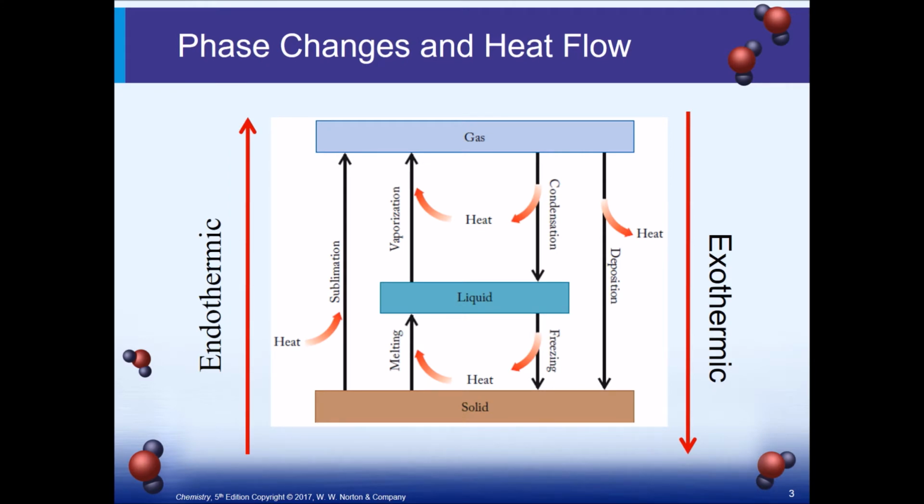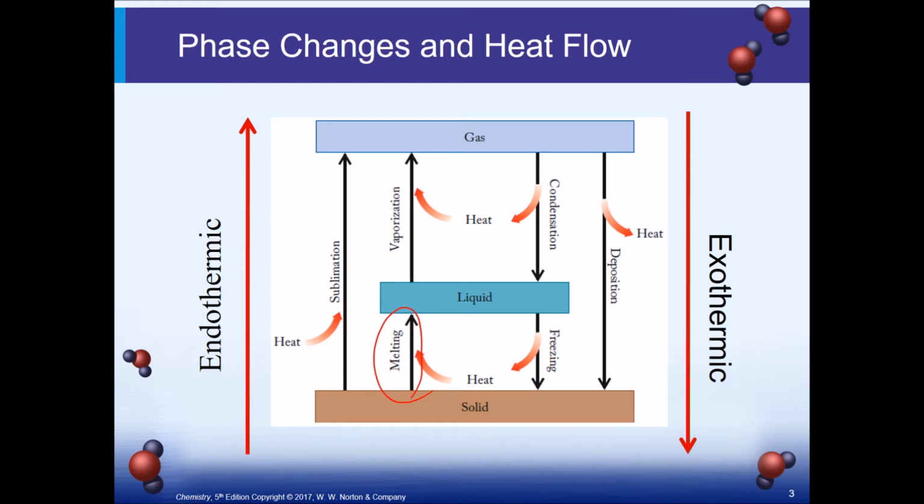One way to differentiate between processes where heat goes into a system compared to when heat goes out of a system is using the terms endothermic compared to exothermic. So, for example, as we go from a solid to a liquid, as we mentioned on the previous slide, we said that we had to put energy into the system to break up those optimal configurations between the molecules.